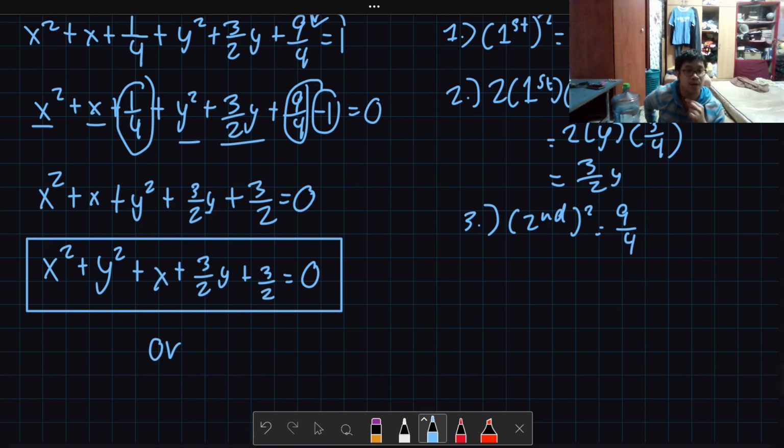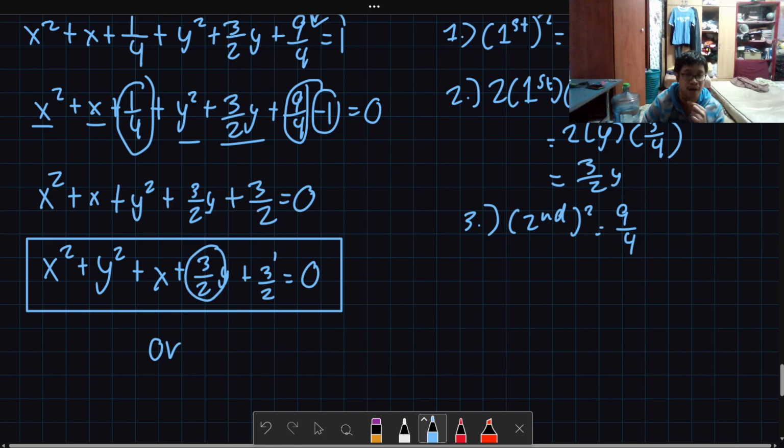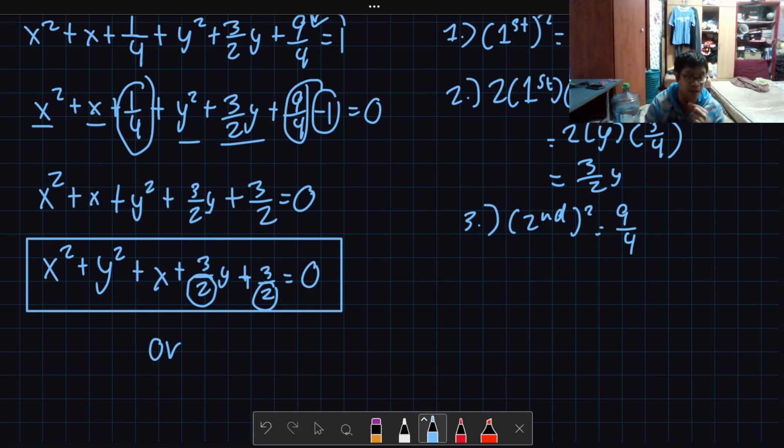All right. Now, you see, if you're not a fan of fractions, like this, you have 3 halves of y and 3 halves, you're not a fan of it. So what are you going to do? If you don't want them, you multiply by their denominator or LCD. So you see, we have 2 as the denominators for 3 halves of y and 3 halves, right?